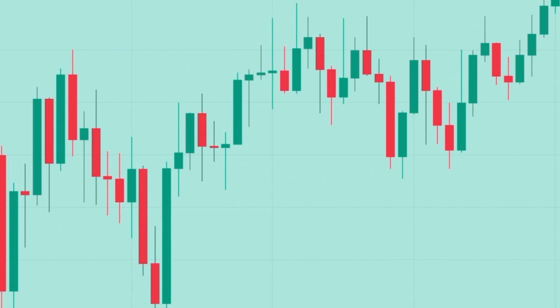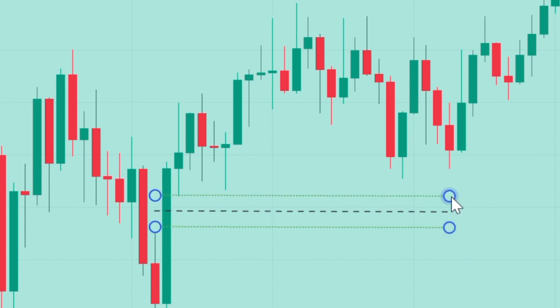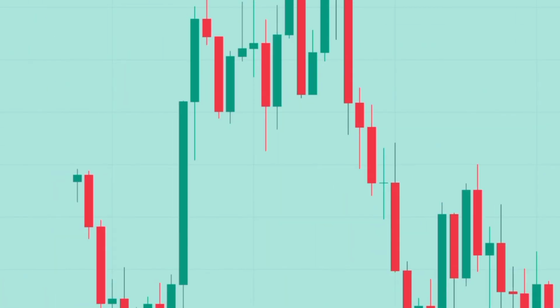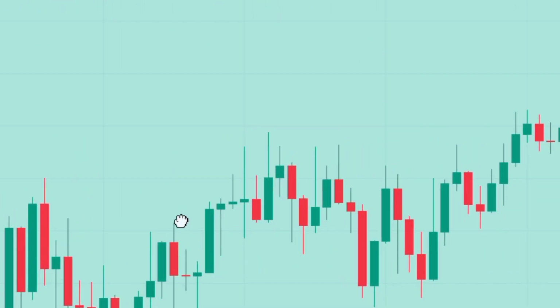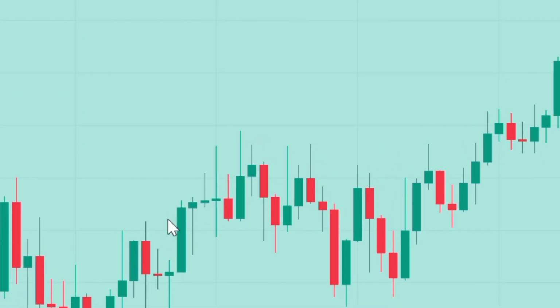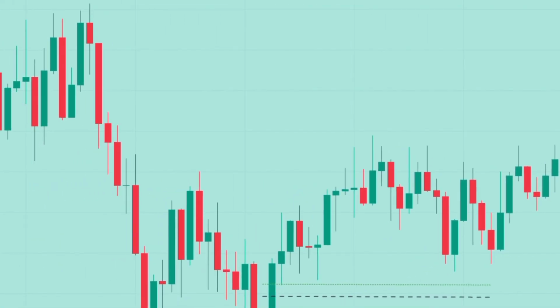We can see another fair value gap here. This is also a fair value gap, waiting for price to fill up the imbalance. You can see we have another fair value gap.